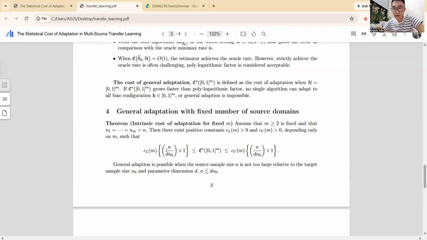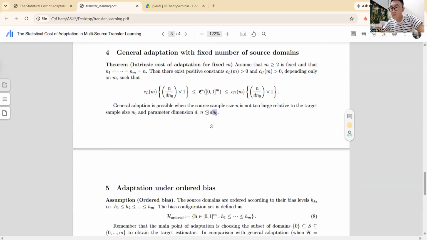So it means that the possibility of general adaptation is linked to the relationship between N and D and 0. If N is smaller than D and 0, it means that general adaptation is impossible. If N scales larger than N, D and 0, it means that the general cost of adaptation is unbounded and general adaptation is impossible.